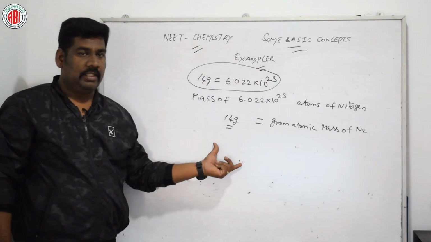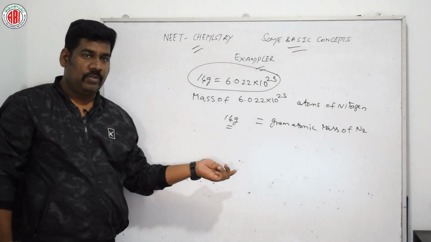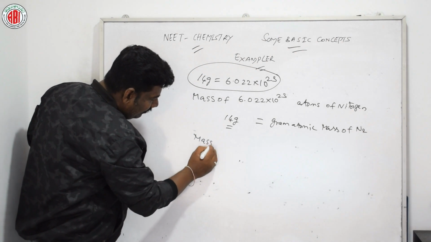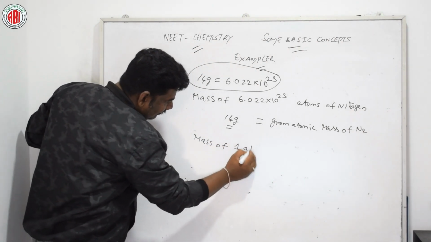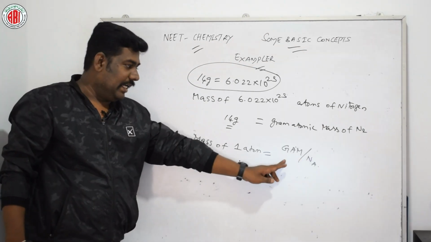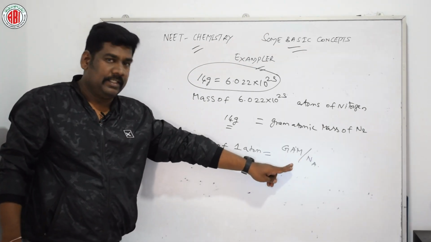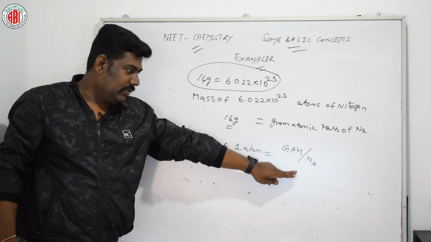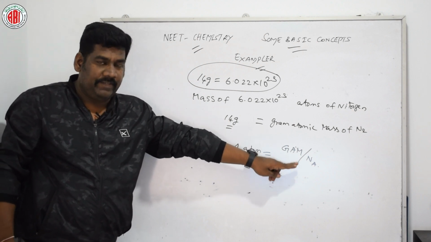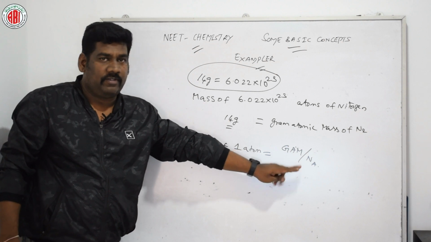Next, the mass of one atom is equal to the gram atomic mass divided by the Avogadro number.